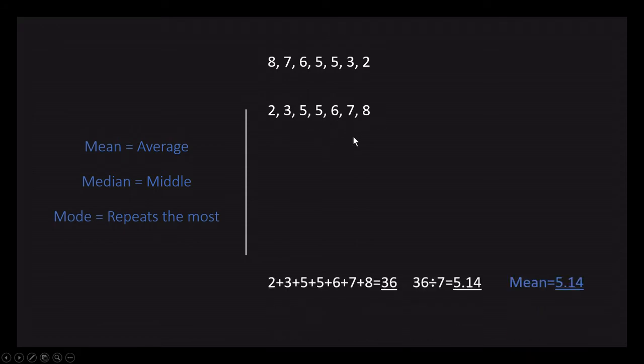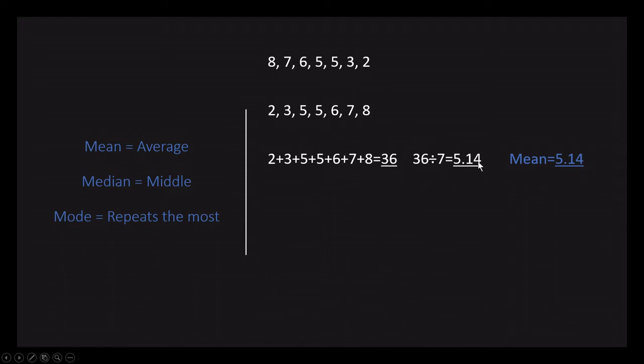So I add all these numbers. They're equal to 36. Then I divide 36 by 7 because 7 is the number of numbers that I have in here. That's equal to 5.14. And therefore, this is our average, and that is also the mean. Our mean is 5.14.